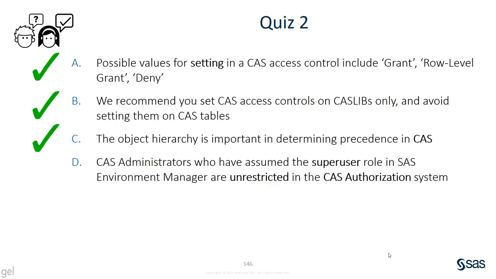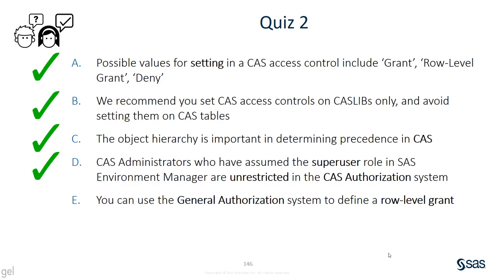CAS administrators who have assumed a super user role in the SAS Environment Manager are unrestricted in the CAS authorization system. True. And that's maybe not a fair question either, because we didn't go into a lot of detail on that.